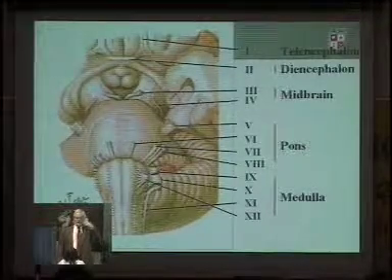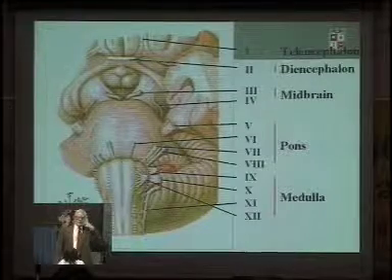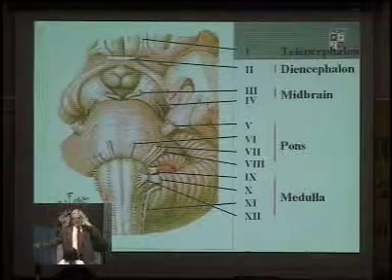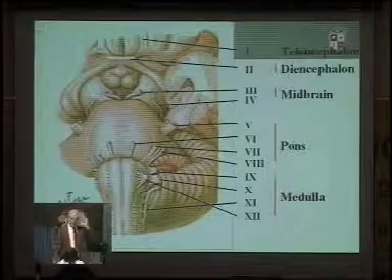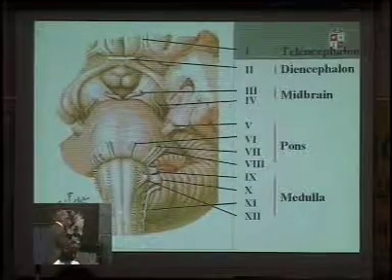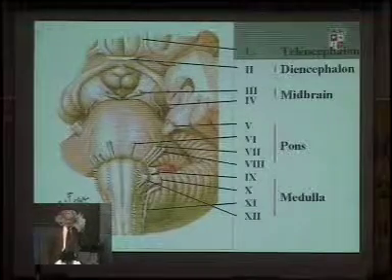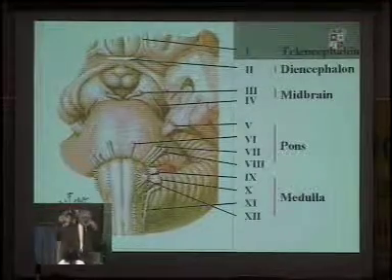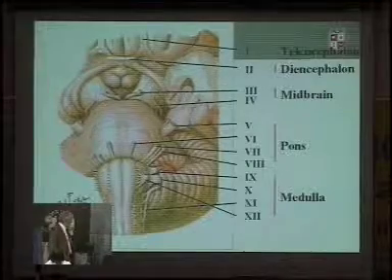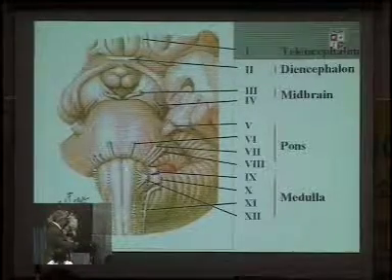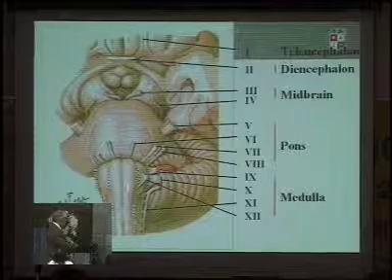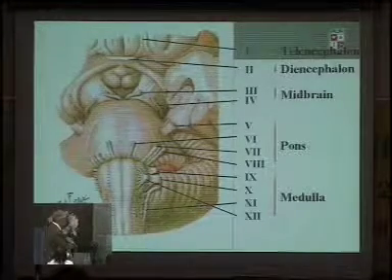If you have a 6th nerve palsy on the left and contralateral hemiplegia, it tells you it's in the pons. And if you have a lesion in the tongue and a contralateral hemiplegia, it tells you it's in this area of the medulla.